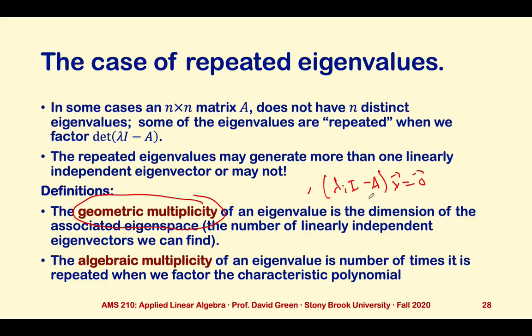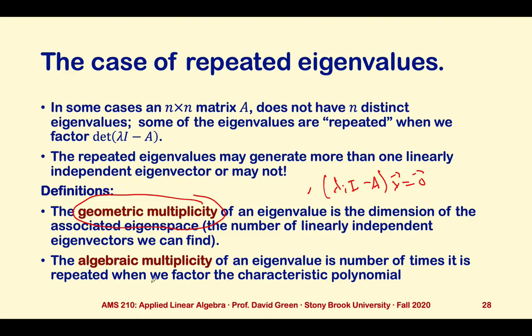The dimension of the null space for this system is the geometric multiplicity of the eigenvalue. Every eigenvalue has to have a geometric multiplicity of at least 1, but when the eigenvalues are repeated, it can have a higher multiplicity. It can have a higher dimension for the null space.